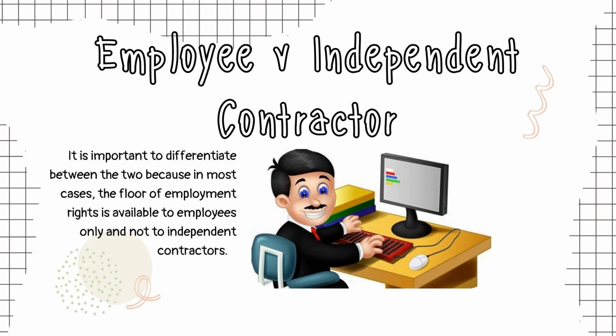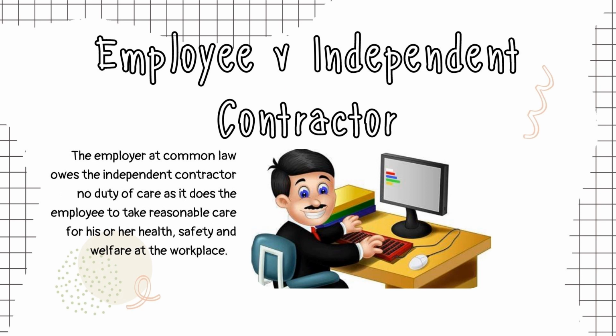Further, it is only for the torts of an employee committed in the course of employment that the employer may be held vicariously liable. So when it comes to vicarious liability, you need to know whether the individual is an employee or an independent contractor, because you cannot have vicarious liability if it is an independent contractor.